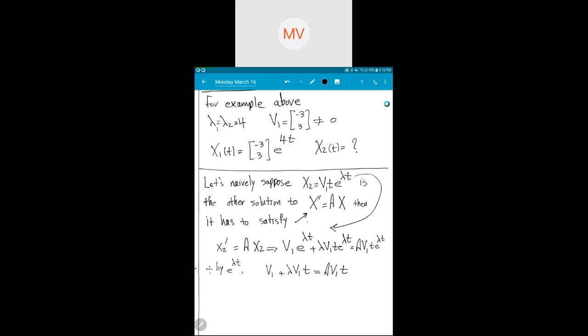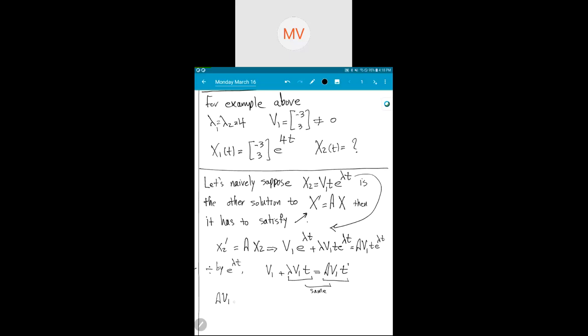We can treat it as a vector polynomial of degree 1 in t. On this side we have a constant term v1, and on that side we have no constant term. The terms with t to the first power have to be the same, so the coefficients have to be the same.